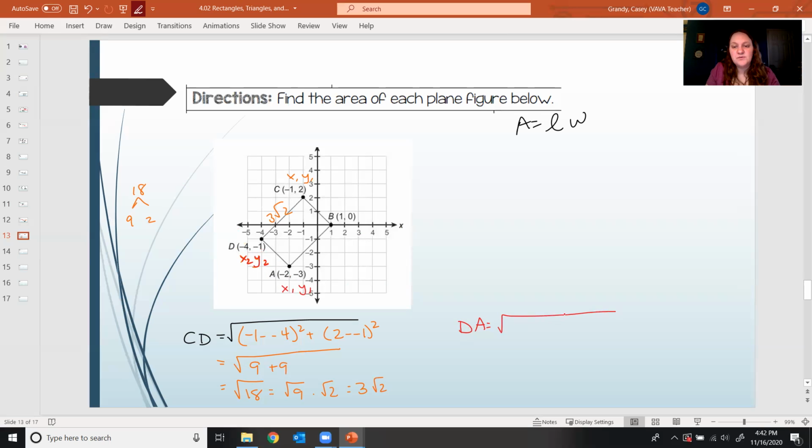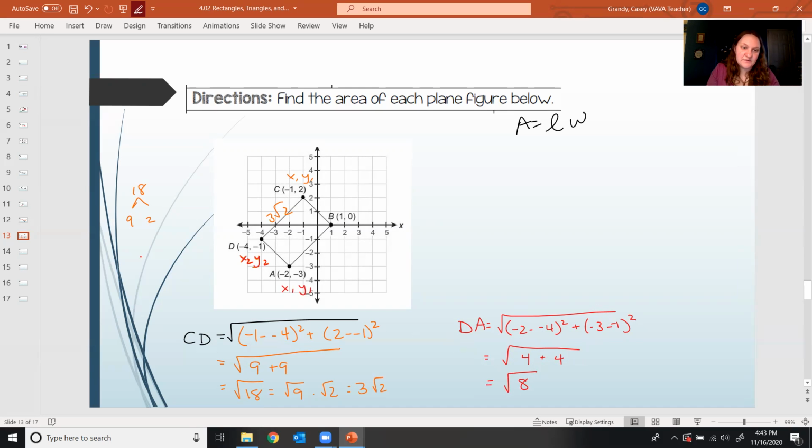So this will be the square root of (-2 minus -4) squared, plus (-3 minus -1) squared. -2 minus -4, -2 plus 4, that's 2. 2 squared is 4. -3 minus -1 is -3 plus 1 is -2. -2 squared is 4. So this is the square root of 8.